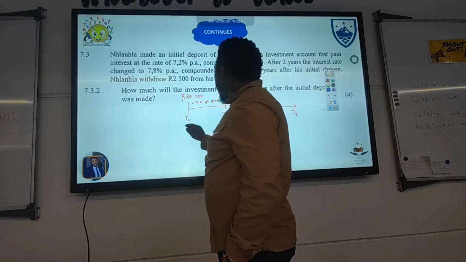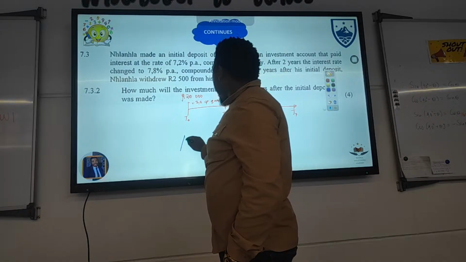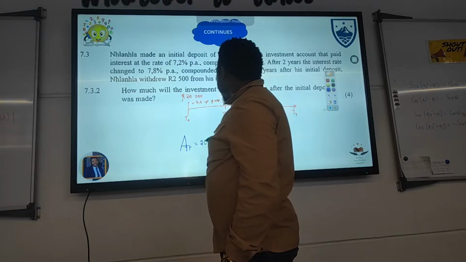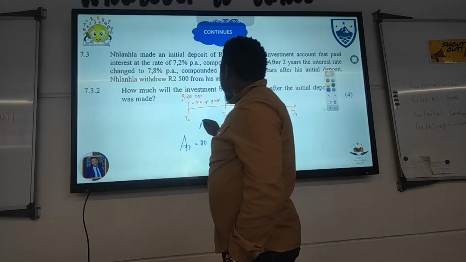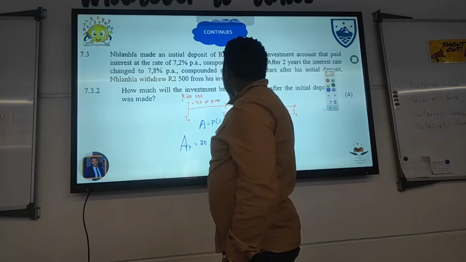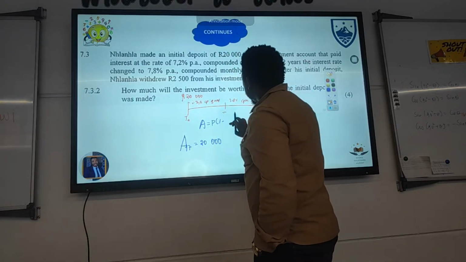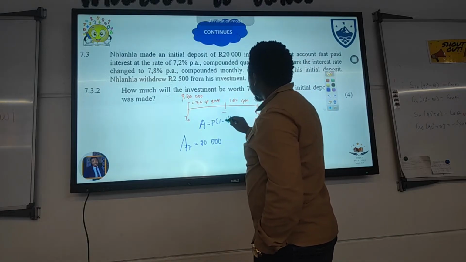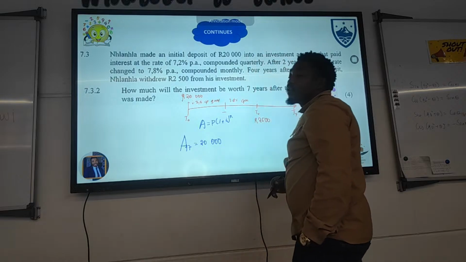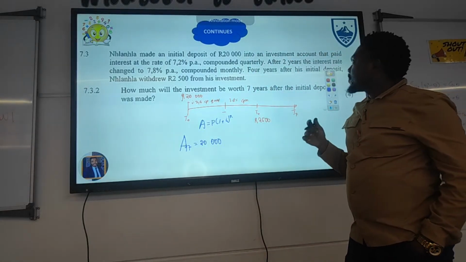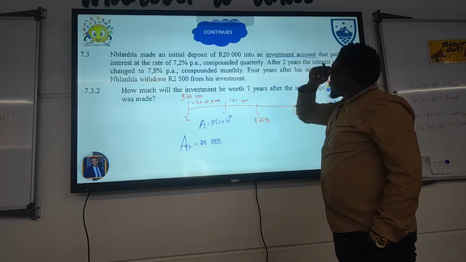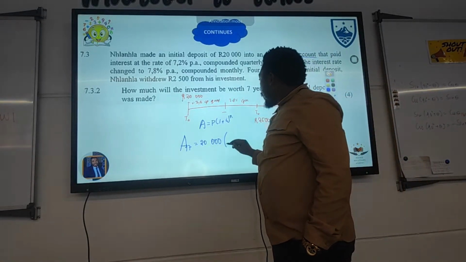This is what I mean. The 20,000 that was initially placed, our amount after 7 years will be the 20,000 coming from this formula, because this is an investment, so it's going to be compounded.